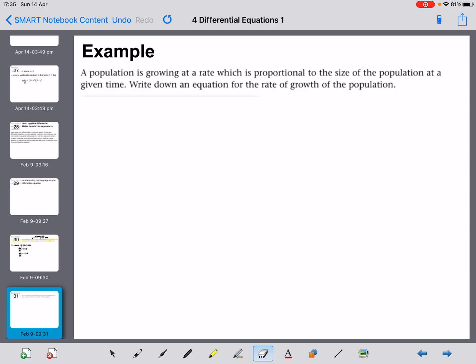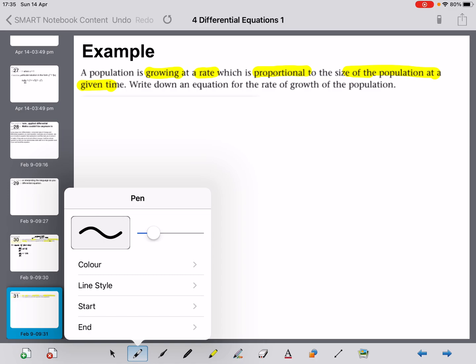In the next question, a population is growing at a rate proportional to the size of the population at a given time. Write down an equation for the rate of growth of the population. So very similar to the last one.